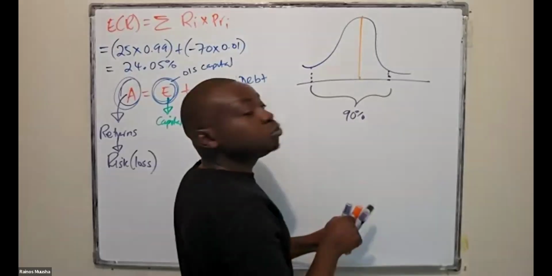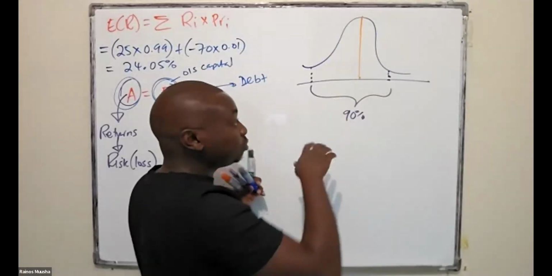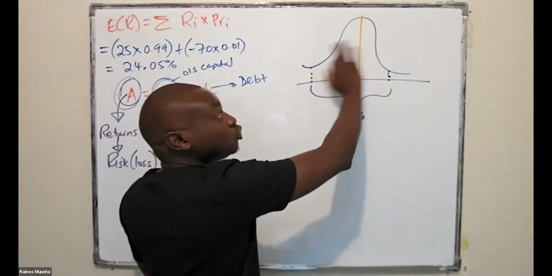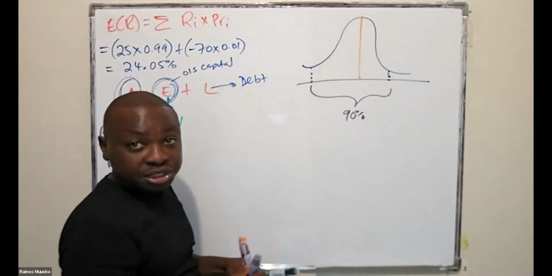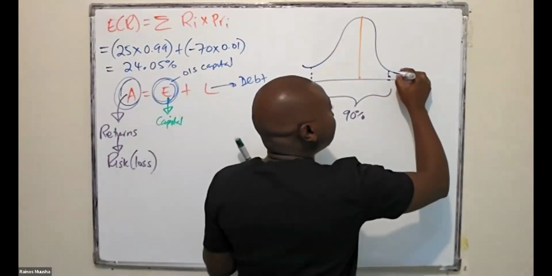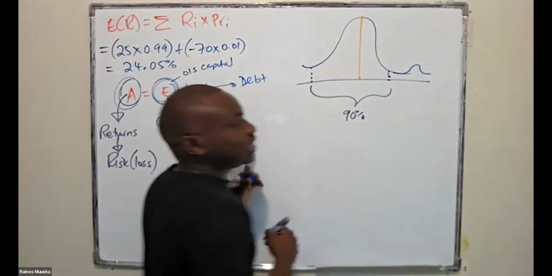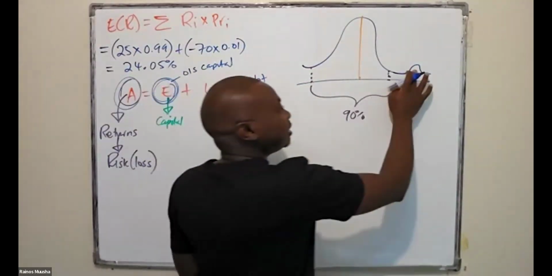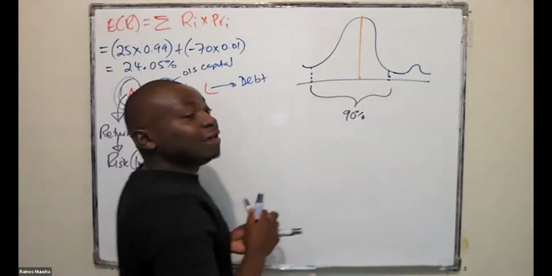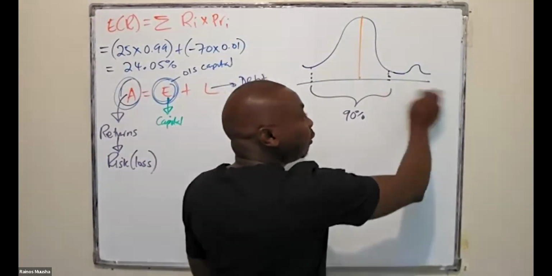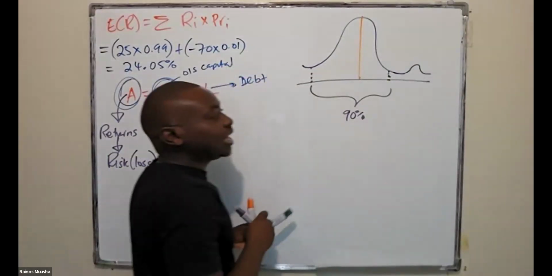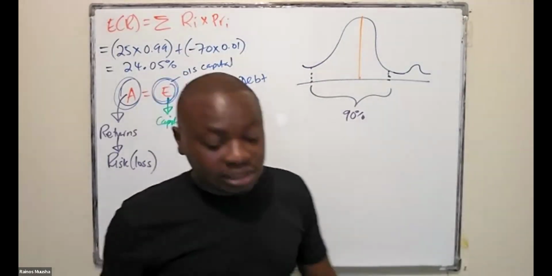Because some of these distributions do not follow a normal distribution. It might have a situation where some of these losses have a distribution like this. And if it has an extra tail like this as well, the value at risk does not tell us exactly what is the distribution of these losses that are exceeding the value at risk.